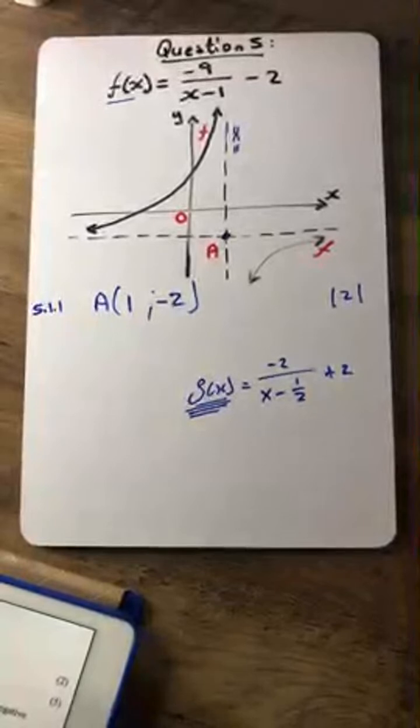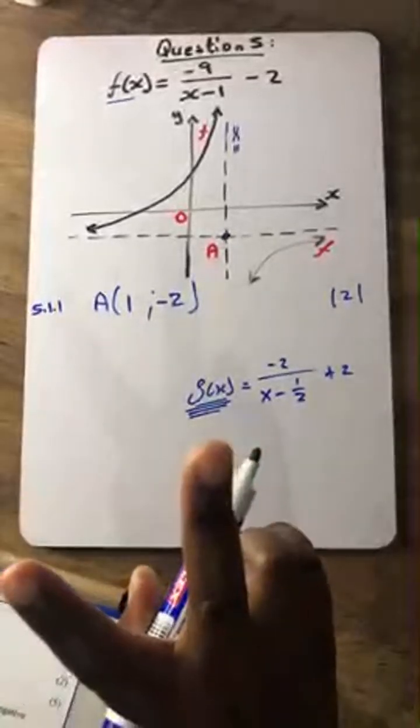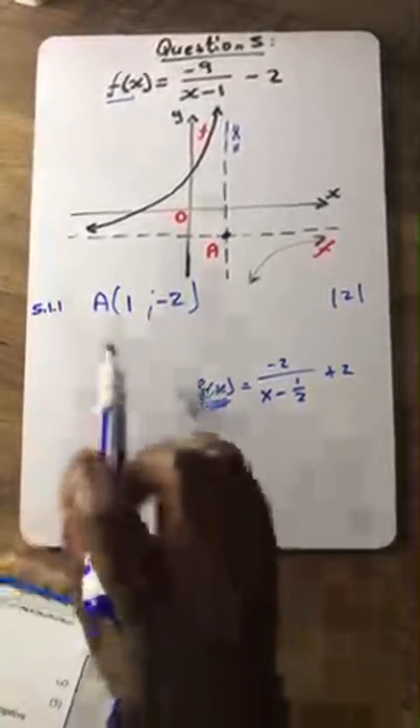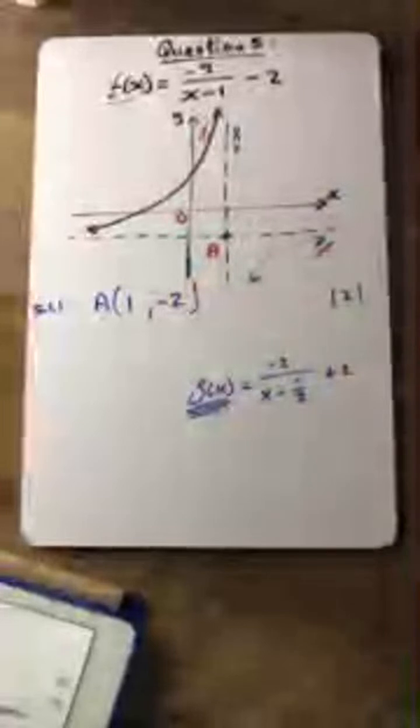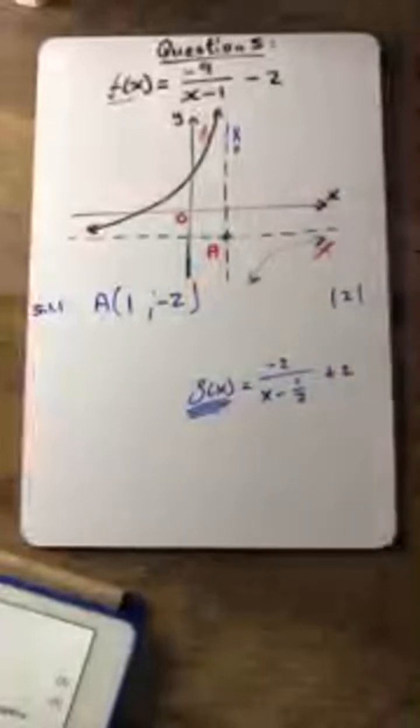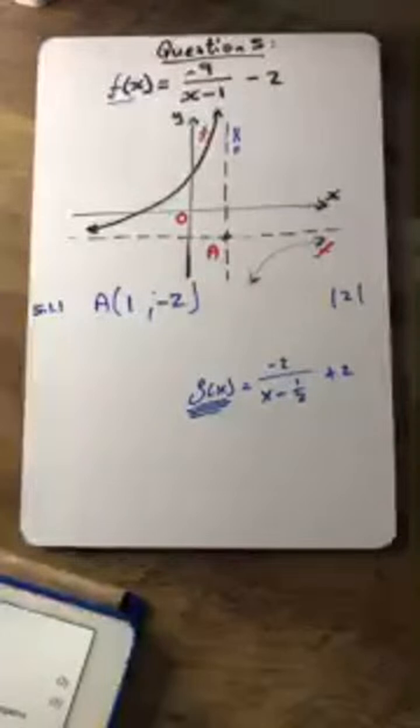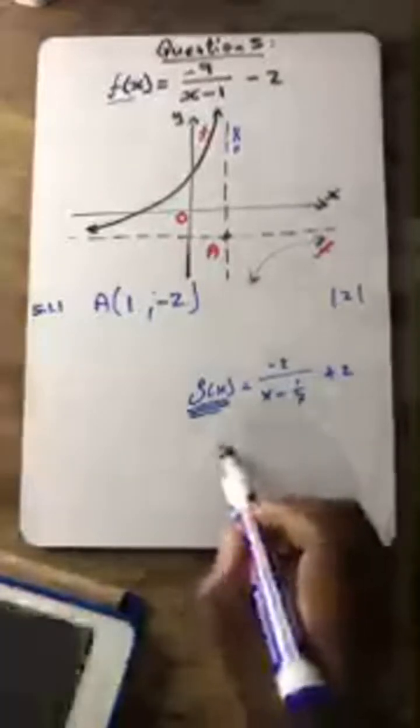So that means a question can be asked in at least 2 ways. The first way being this type where it is drawn and they say give the coordinates of A. Secondly, they can say the equations of the asymptotes. When they say the equation, an equal sign will be needed.